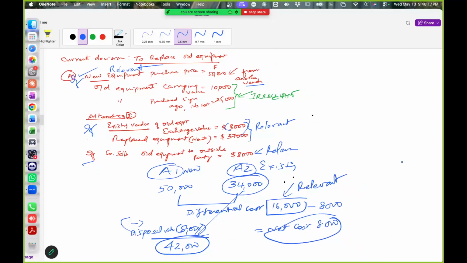Other things are all irrelevant. 5 years ago we purchased at 25,000. Now it's the book value in my books, the carrying value. What is carrying value? Cost minus accumulated depreciation.